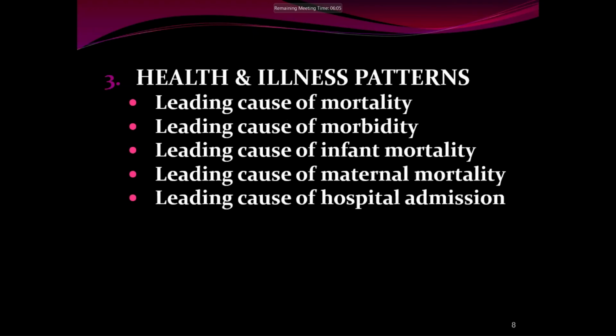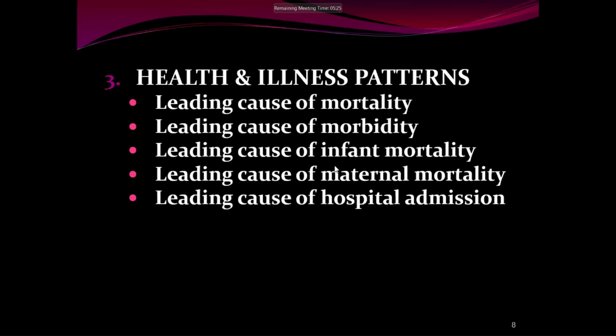Health and illness patterns provide the situation of mortality and morbidity, maternal mortality ratio, and hospital admission. If we find the causes, then we have to develop an intervention program to prevent the causes which increase mortality and morbidity in the community.